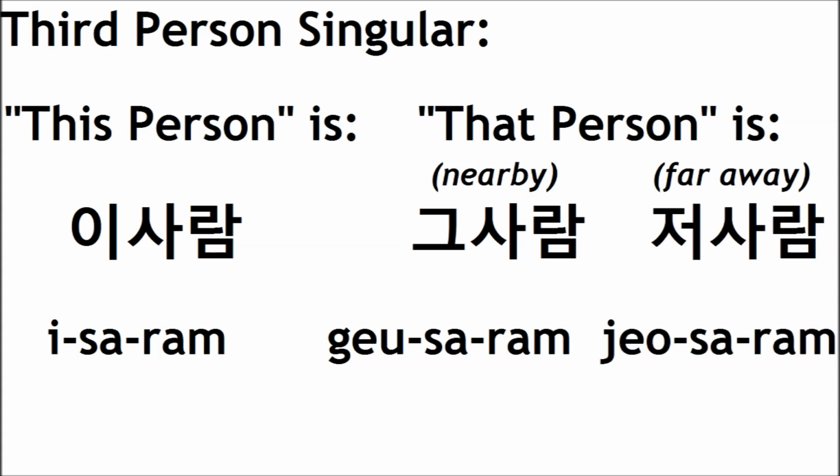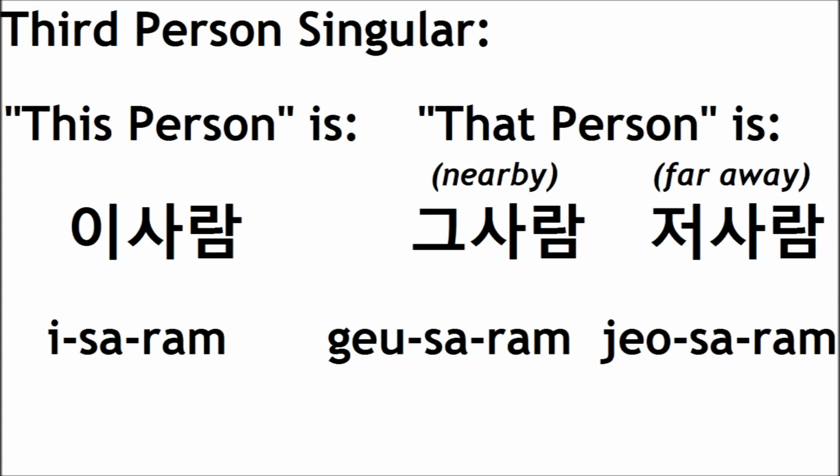For when a person is far away, like maybe so far away you can't see them, they're off in another location, the version of that you use is jeo. Yeah, okay, this can be really confusing because we just learned that jeo is the Korean word for I. They're homophones. They're words that sound the same but have different meanings.